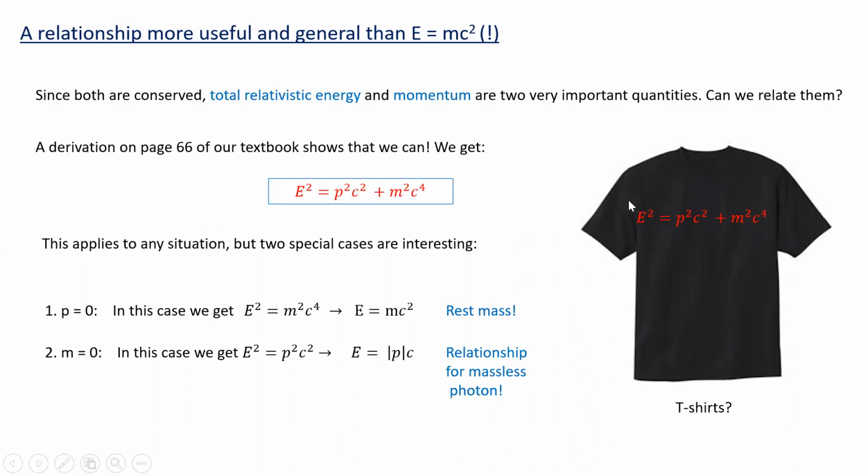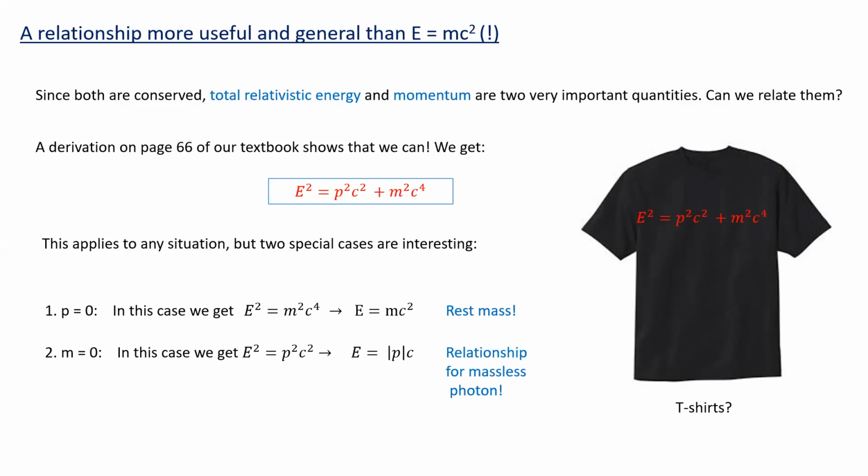So what have we learned this class? We've learned that we have to generalize our definition of momentum relativistically to include the gamma factor. We've learned our relativistic kinetic energy can be found from the relativistic momentum, and that it agrees with the classical kinetic energy at low speeds.